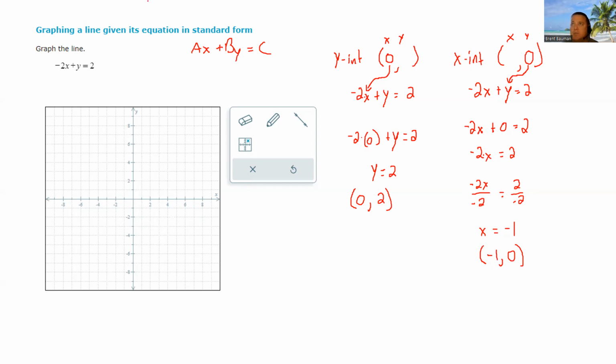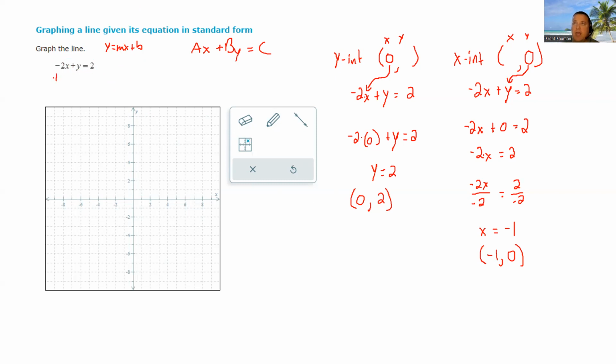The other concept is what we've worked with before, which is using that y equals mx plus b. So we can graph these 2 points and get our line, or we can use the y equals mx plus b. So let's look at this as well. So to get this, we need y by itself.